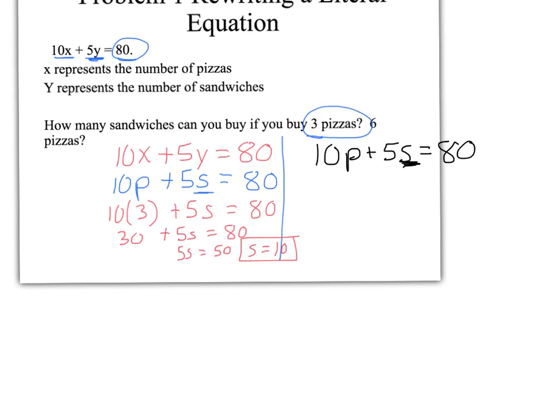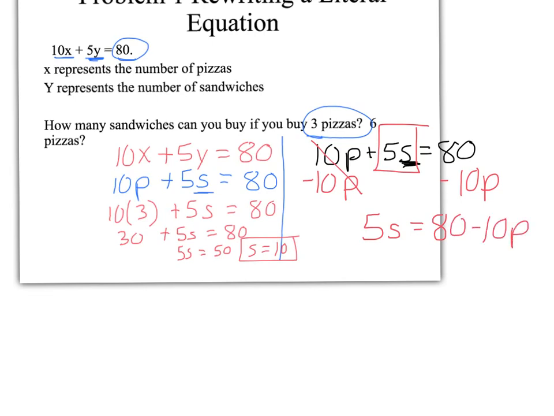So to solve for s, if you think of that thing, box and bridge or something like that, whatever Mr. Kirker told you guys, if we box around the variable, we want to keep that. Everything else needs to get to the other side. So I need to subtract 10p from both sides. Now 10p minus 10p is going to cancel out. I'm going to have 5s equals, now I have 80 minus 10p. Then to solve this for s, I have to divide this by 5, and I have to divide this by 5.